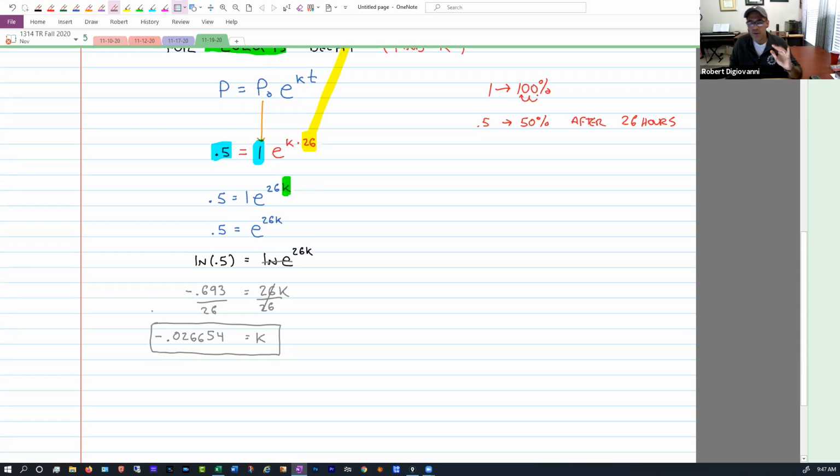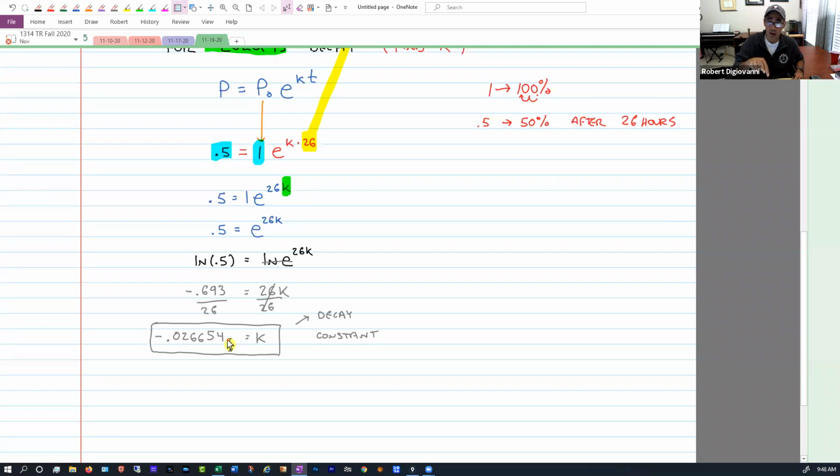This is our answer, but it's not the final answer for part A. This right here is what we call the decay constant. Every single substance out there that decays, that has some sort of half-life to it, will have some decay constant that corresponds to that substance.